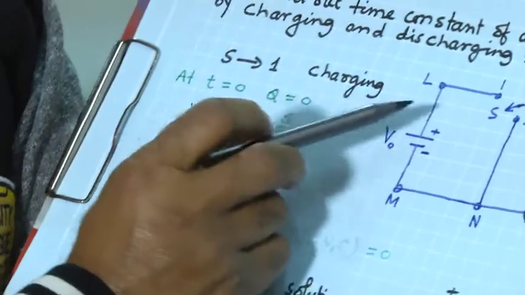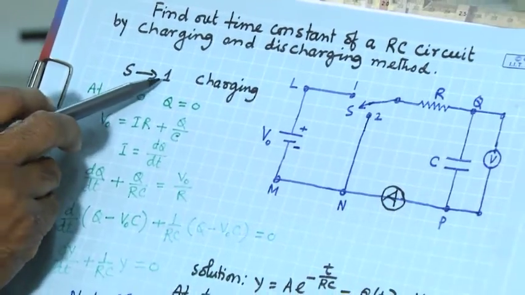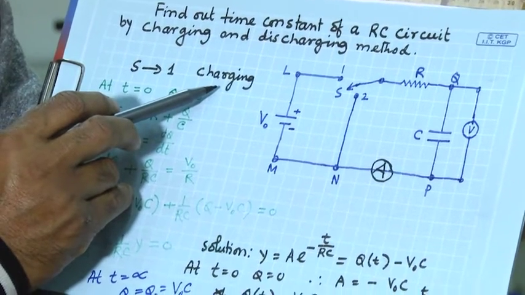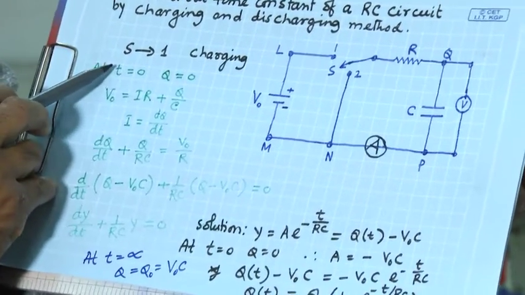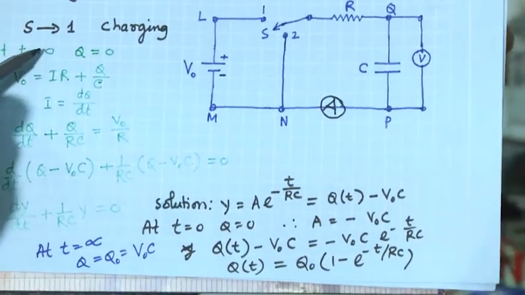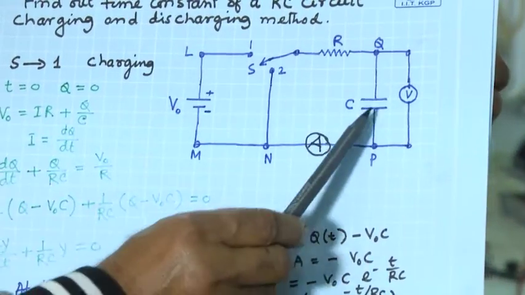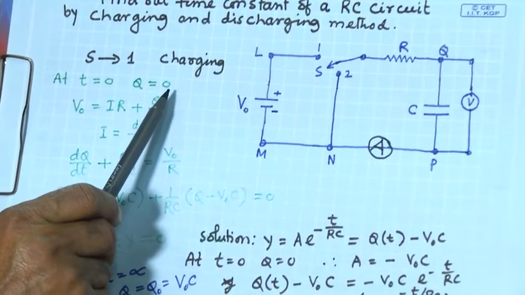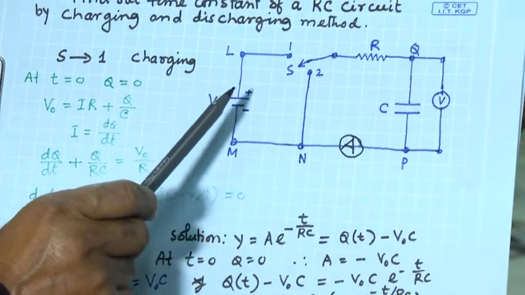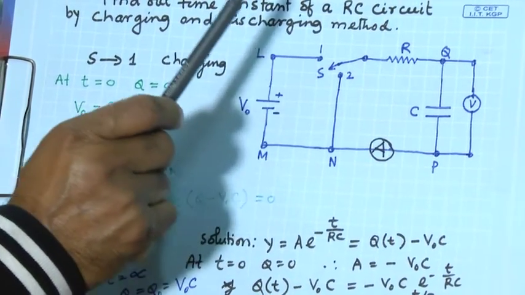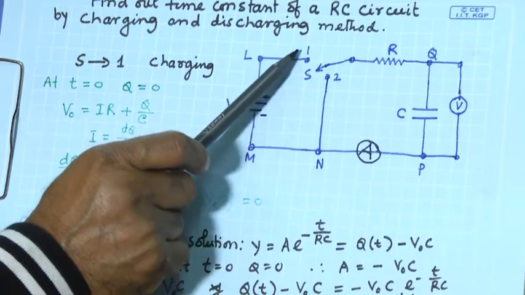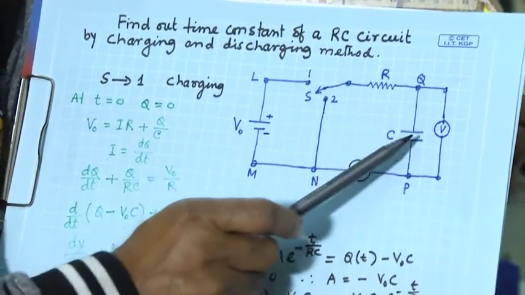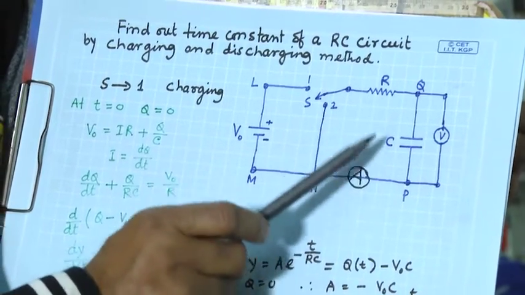So let us see the theory. When S is connected to 1, this is charging. Okay. So at time t equal to 0, the charge on the capacitor is 0, Q equal to 0. Just at time t equal to 0, just as it is connected, or we are going to connect, that means the charge in the capacitor is 0.